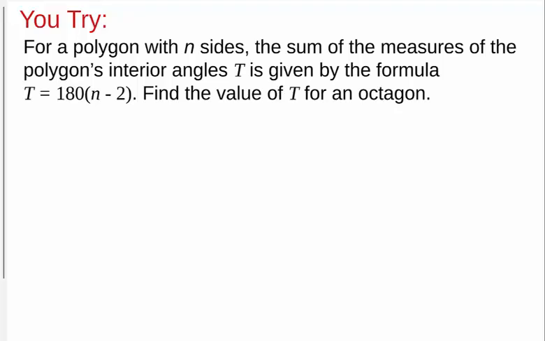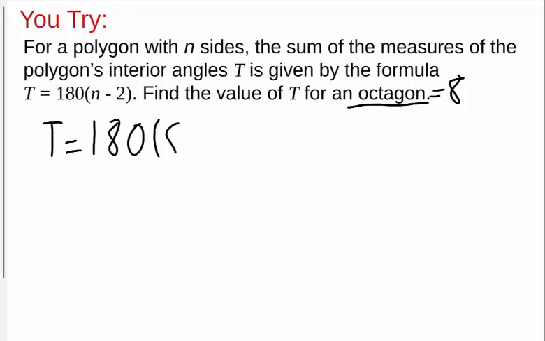All right, I hope you've worked the problem. Let me show you how to do it. So, again, we know that t equals 180 times n minus 2. Well, n in this case, octagon, means 8. If you didn't remember, that's 8 sides. So n is equal to 8.